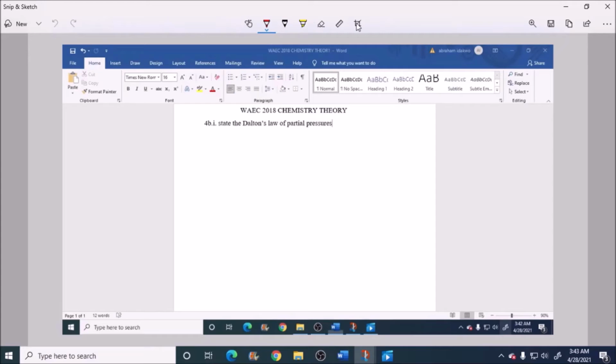Then we have the mathematical expression as P total is equal to PA plus PB plus PC plus PN, where PA, PB, PC represent the gases. When we add the pressures of these individual gases, that is gas A, B and C, they make up the pressure of the mixture.